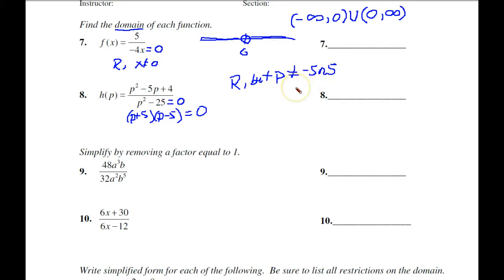And then in interval notation, it will look like this on a number line. Here goes up to 5, but negative 5 is not included. And then in interval notation, that's the graph, it looks like this. Okay, let's go on.